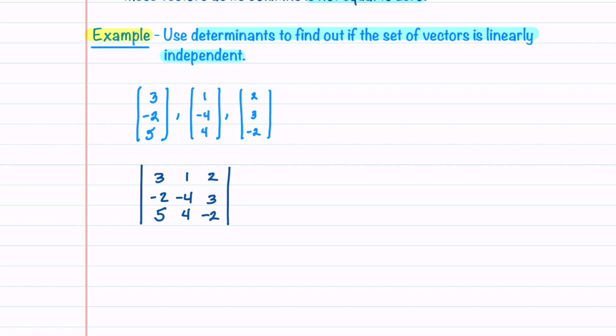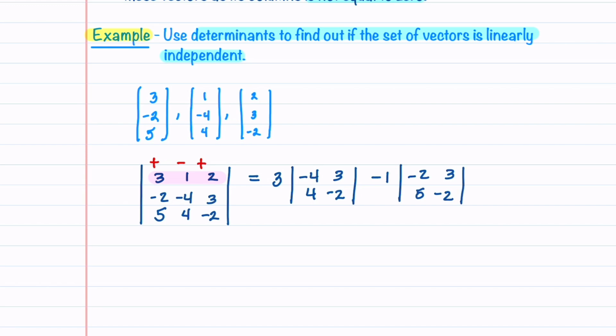Since there are no zeros in our determinant, I'm just going to choose to do cofactor expansion across the top row. We'll write down our plus minus pattern and now compute our determinant. This is going to be equal to 3 times the determinant minus 4, 3, 4 minus 2, minus 1 times the determinant minus 2, 3, 5 minus 2, plus 2 times the determinant minus 2, minus 4, 5, and 4.